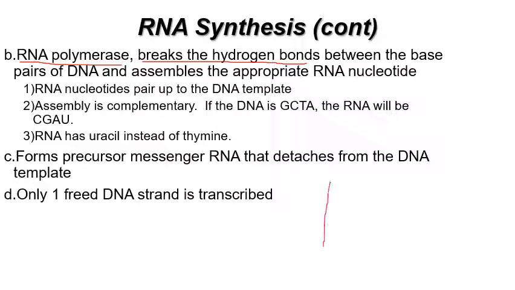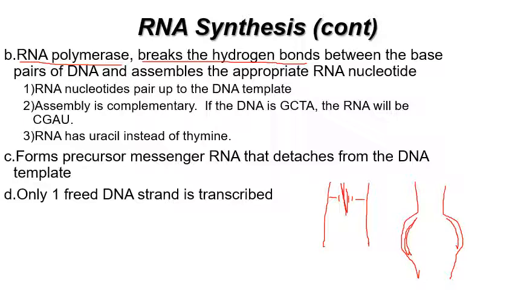We have a base here and a base here, and there's hydrogen bonding between those two bases. The RNA polymerase is going to break those bonds to open up the DNA, because we have to get in here and make a copy of this region, if this is where the gene is. Just one side would be the copy.